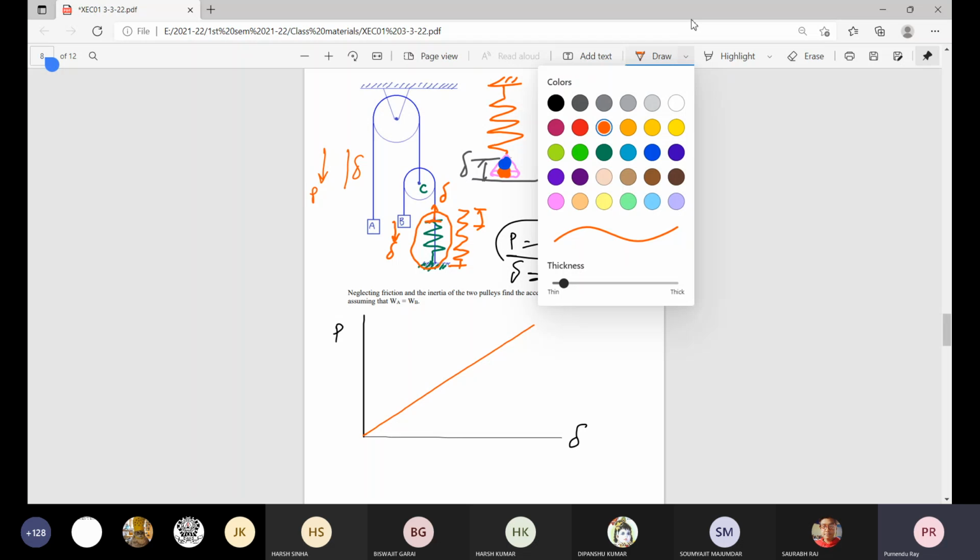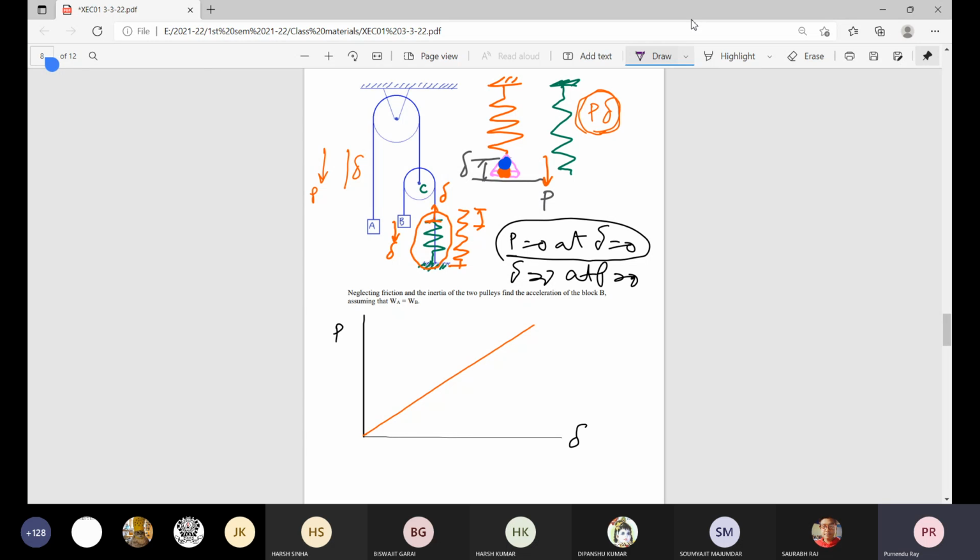But if we consider at any arbitrary instant, the force value is P. This is P. And at that particular position, suppose it is the change in length here, and for this journey, we started from P is equal to 0 to P is P max, and at any intermediate arbitrary location where the force value is P, then we consider some displacement d delta has been produced there due to certain increase in the force P.